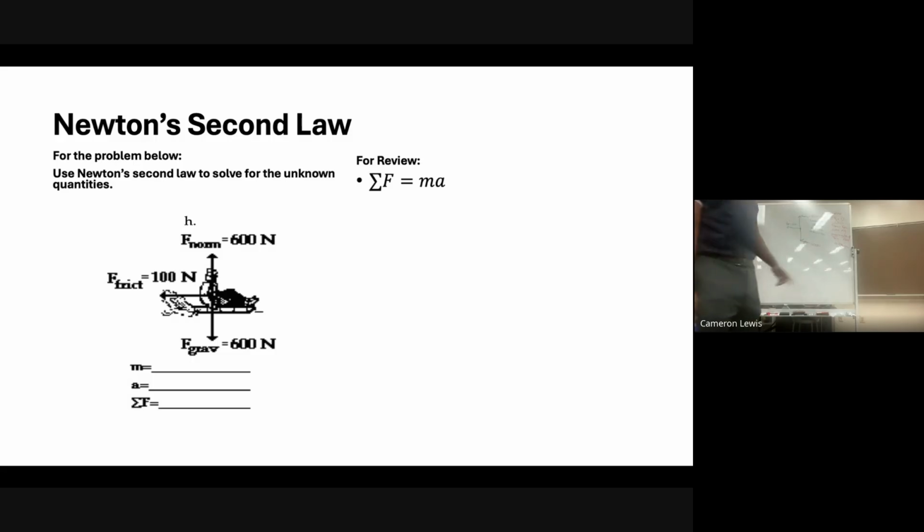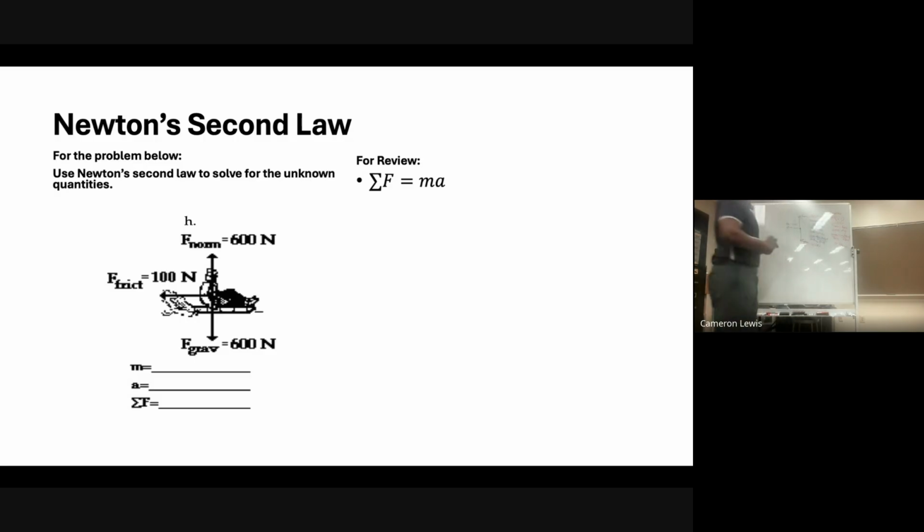So now with us having our mass, we can substitute this mass over here to find our acceleration, because it's the same object, so it's going to have the same mass. Now I can just divide 100 by 61.2 kilograms.